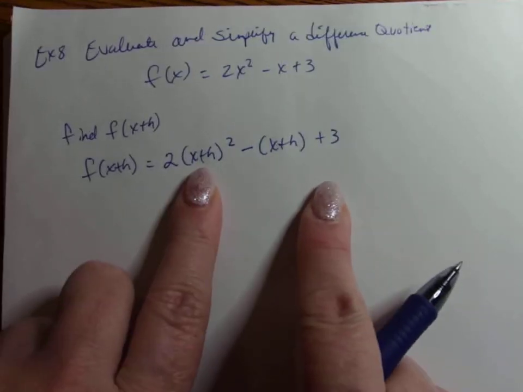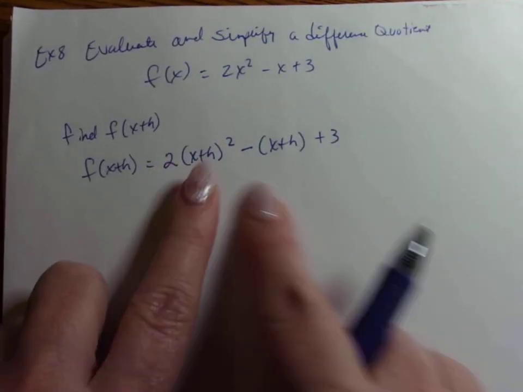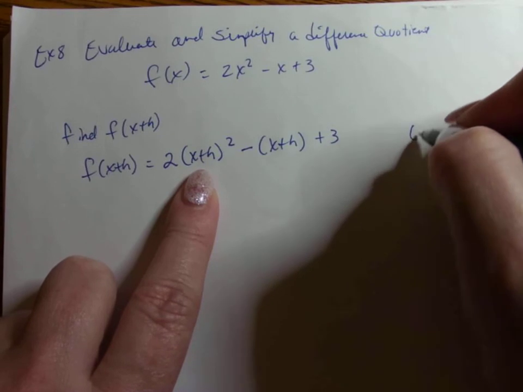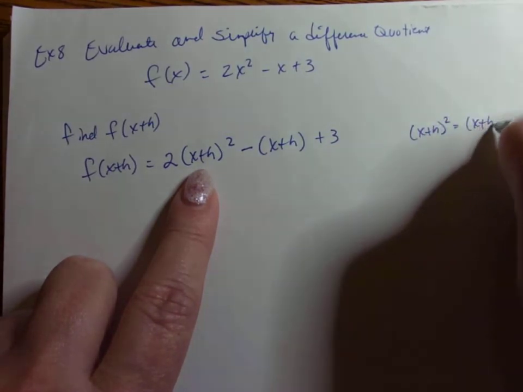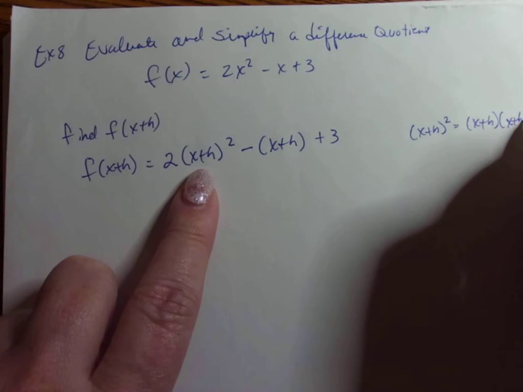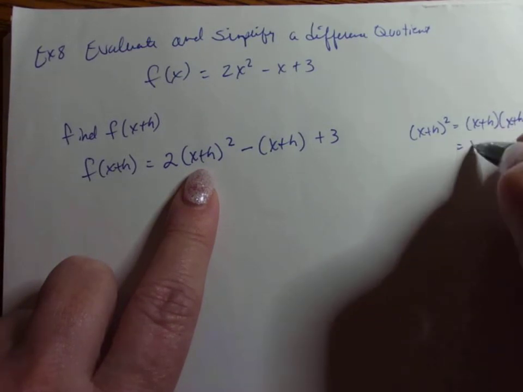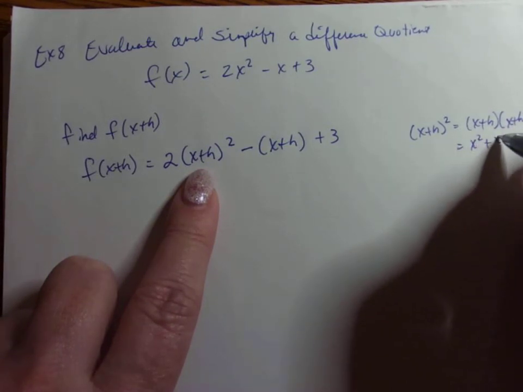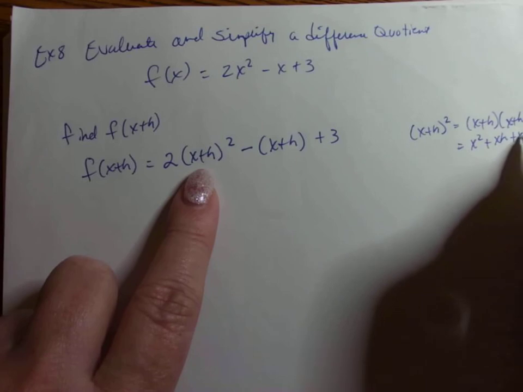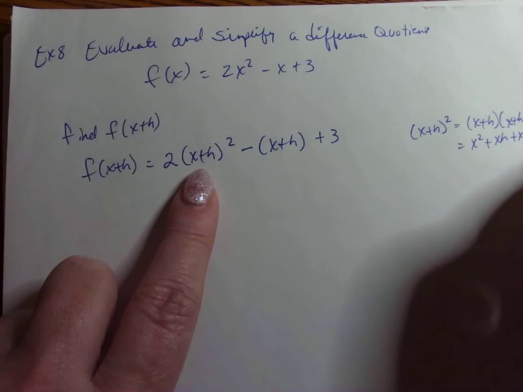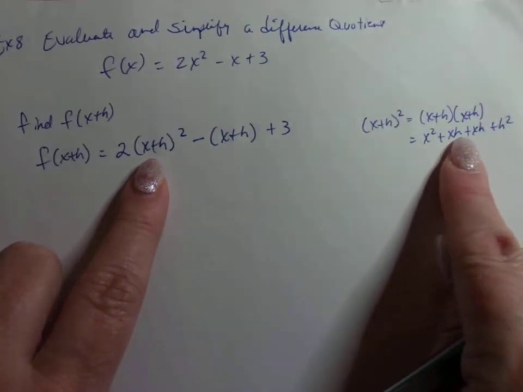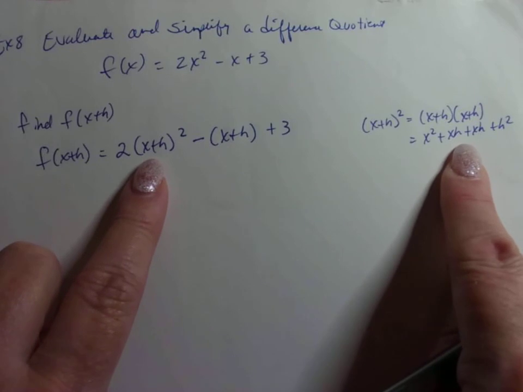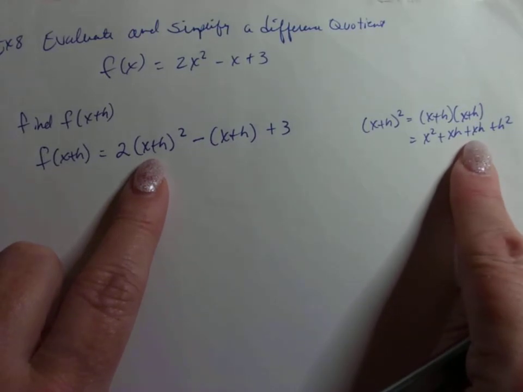Now again, I've told you before, when I have these, I pull them off to the side. So (x plus h) squared, remember, is (x plus h) times itself. That'll get you x squared plus xh plus xh plus h squared. It doesn't matter if you write xh or hx, it's the same thing because of the multiplication property.